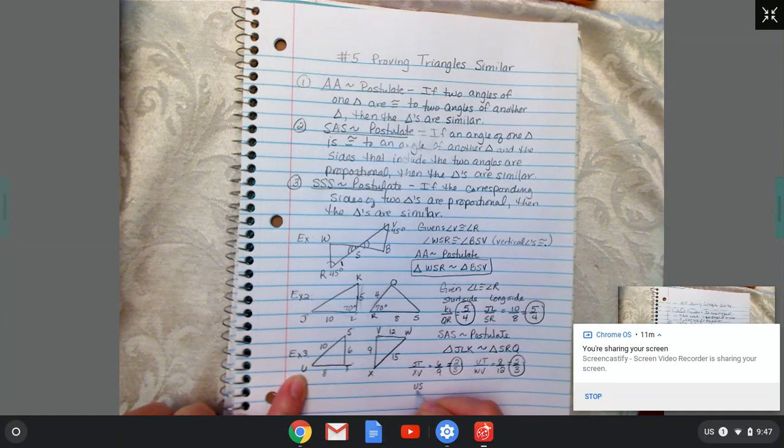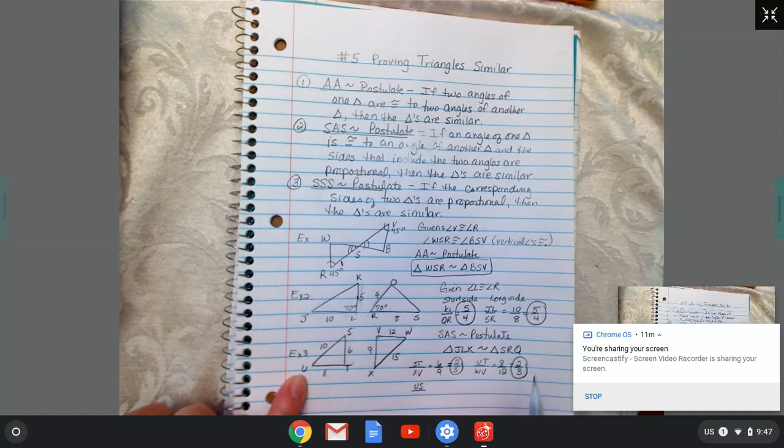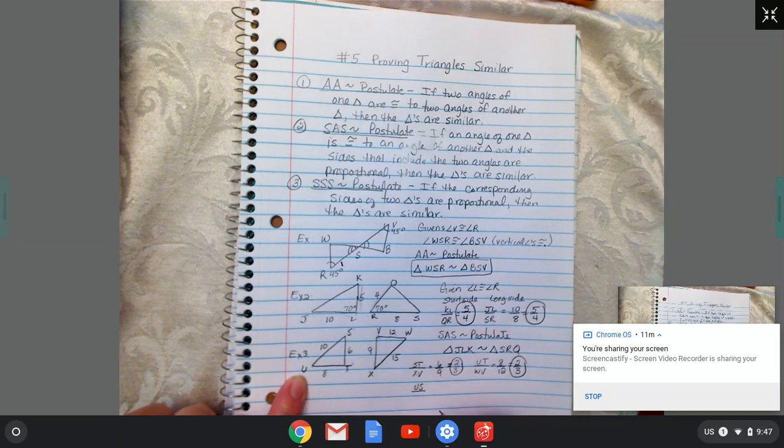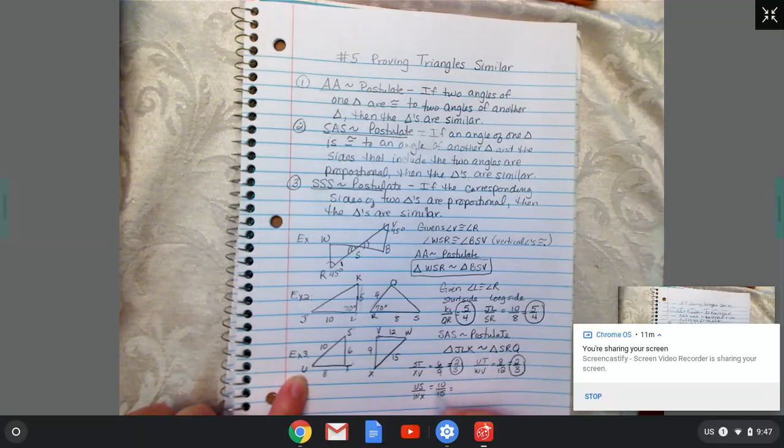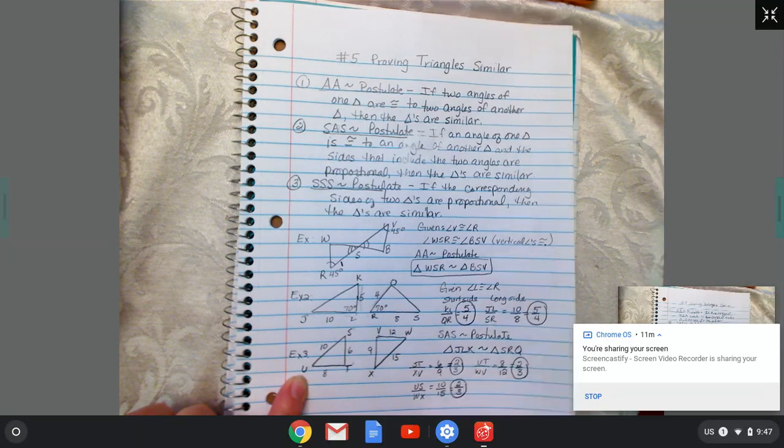So US looks like it's corresponding to WX. So I have 10 corresponding with 15. I know 5 will go into 10, 5 will go into 15. So it looks like they're all proportional. They all reduce to the same thing.